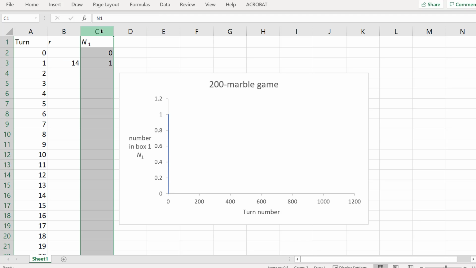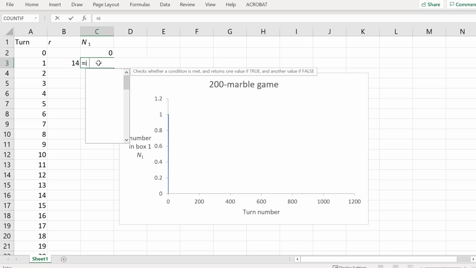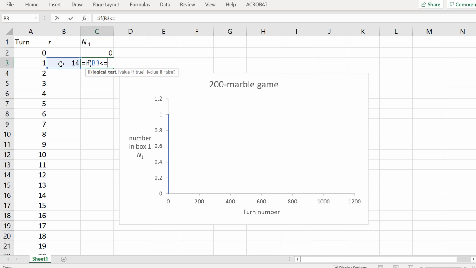And the number in box 1 starts out as 0 and then is calculated using this formula, which is equals, and then the function IF the random number is less than or equal to the number in box 1, then make it the number minus 1, comma, the number plus 1.